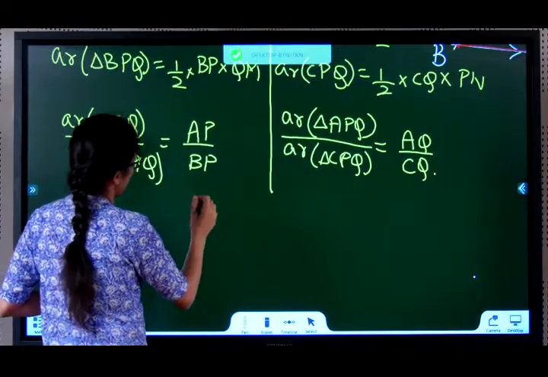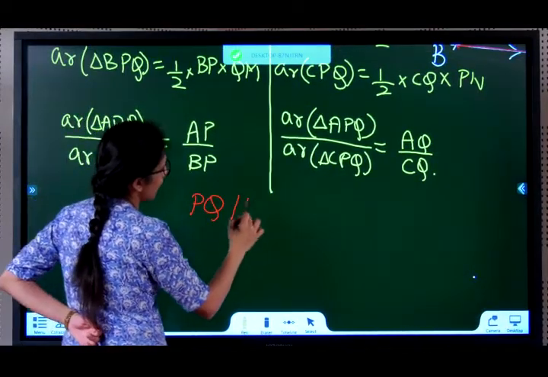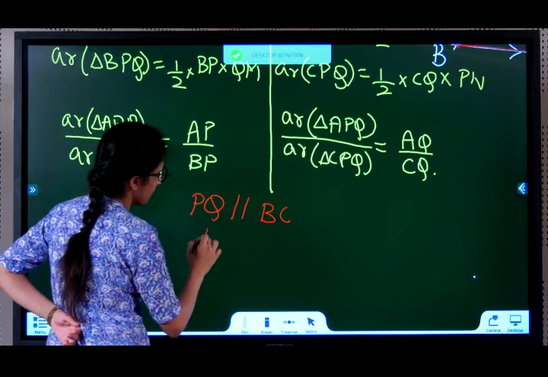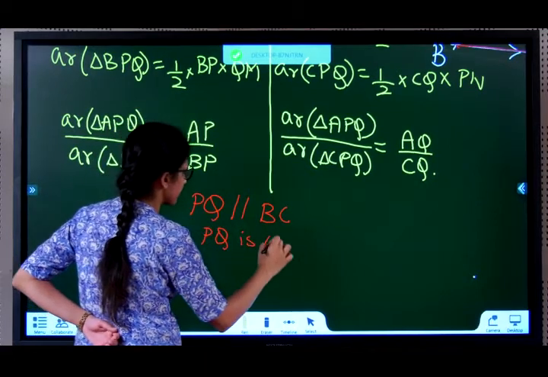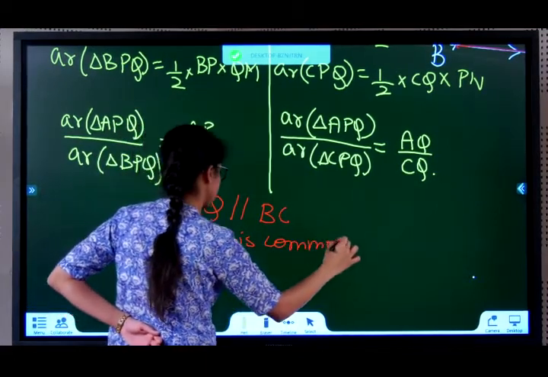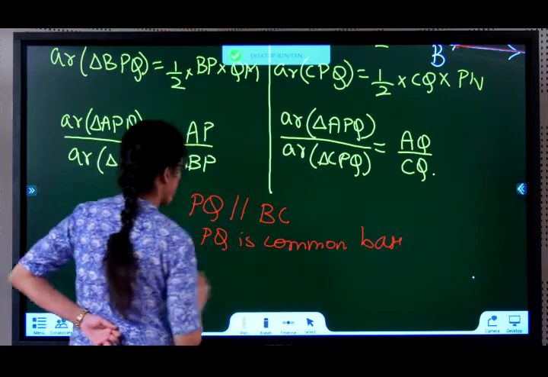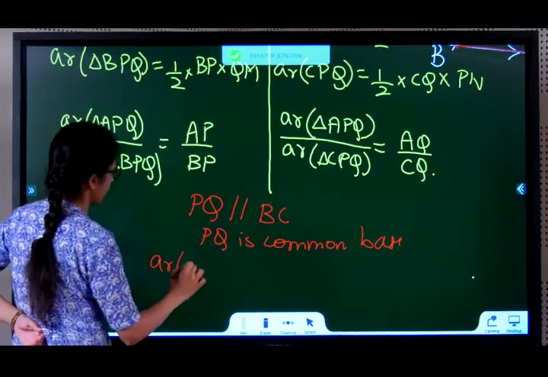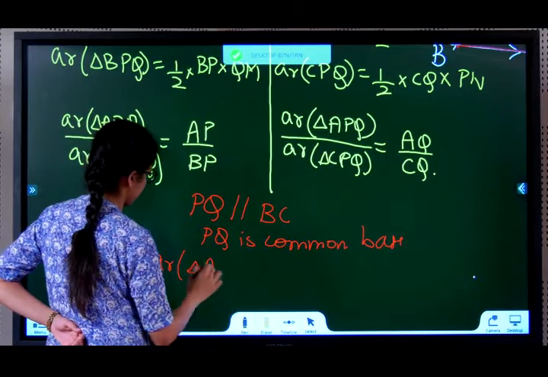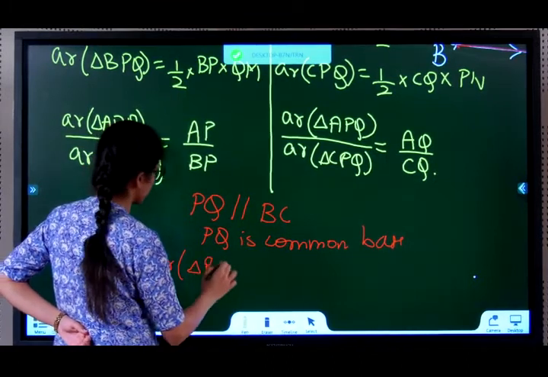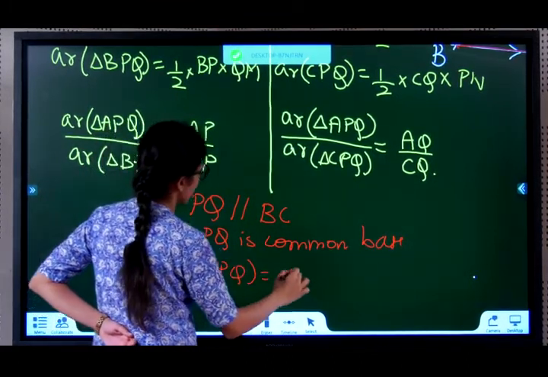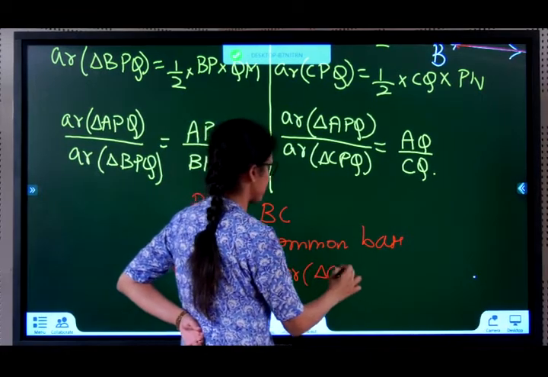What did we do? PQ is parallel to BC. PQ is the common base. Therefore, I can say area of triangle BPQ is equal to area of triangle CPQ.